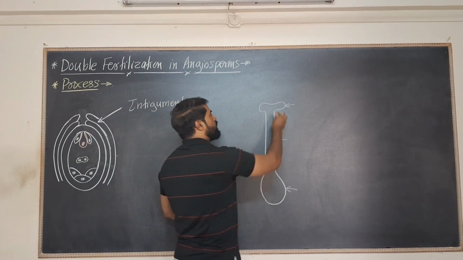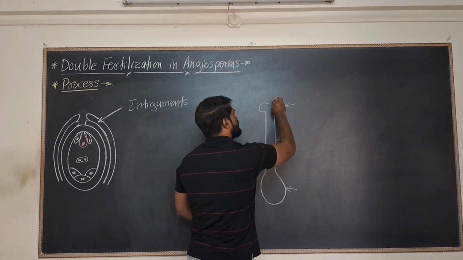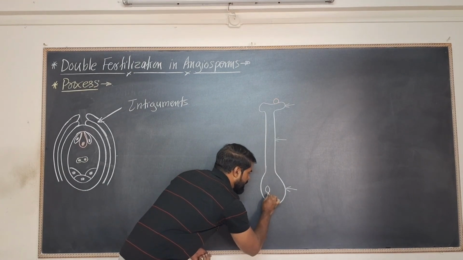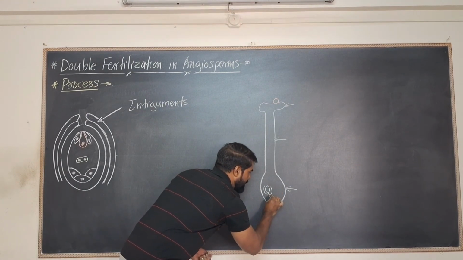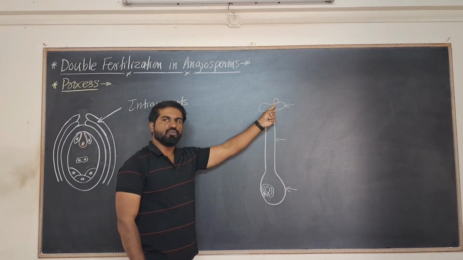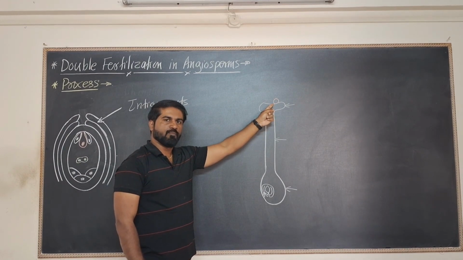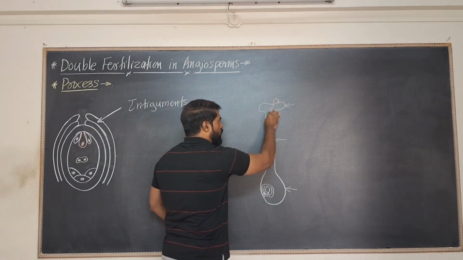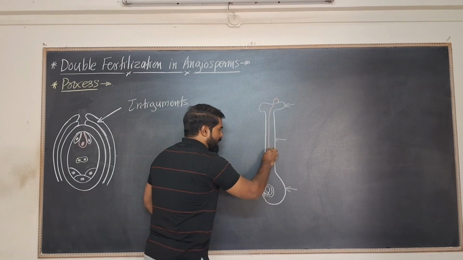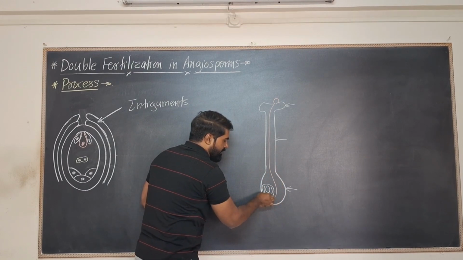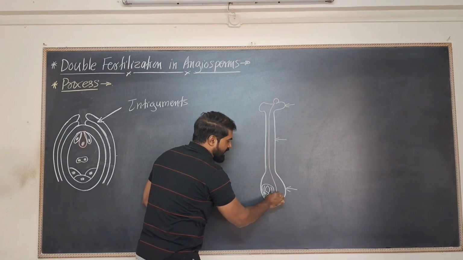Here ovules are present inside the ovary. So here we are drawing only one ovule just to understand the process. Here is the pollen grain which is received on the stigma after pollination. Here the pollen grain will produce a pollen tube. A pollen tube passes through the stigma, style, reach into the ovary, and finally they will enter inside the ovule.